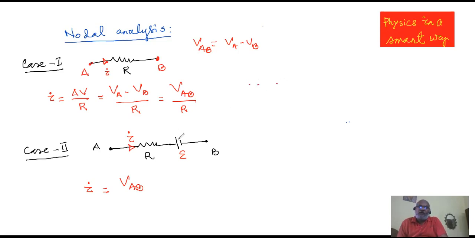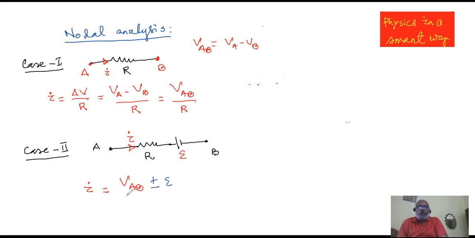The battery creates a potential difference and that will cause complication. Battery potential must be accommodated. So along with VAB, as common sense says, the battery potential must be accommodated.